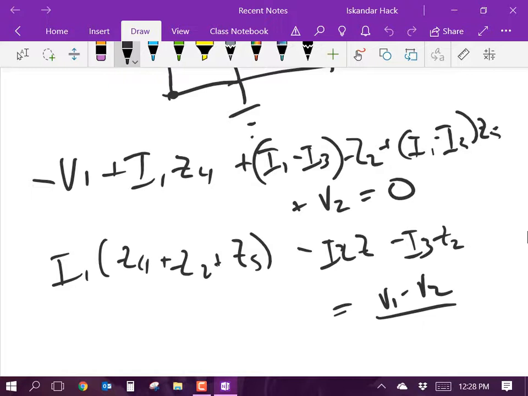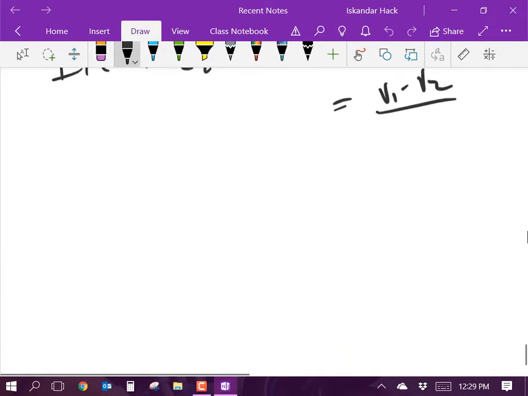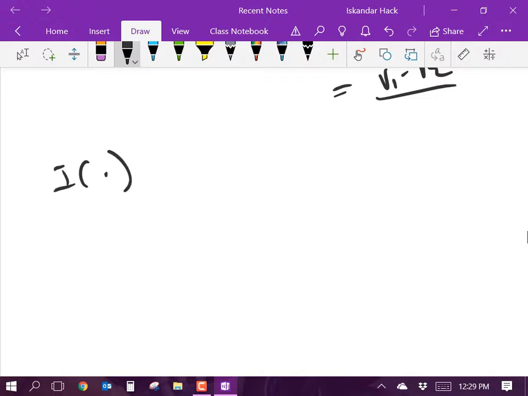So when we go back and look at this, if we were to write the other two equations, and I'm not going to spend any time writing them, they're going to be of the same form. It's going to be I1 times something plus I2 times something plus I3 times something.